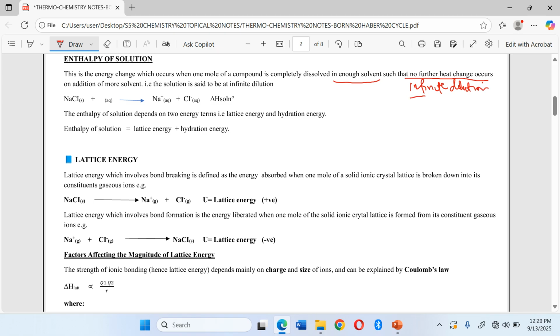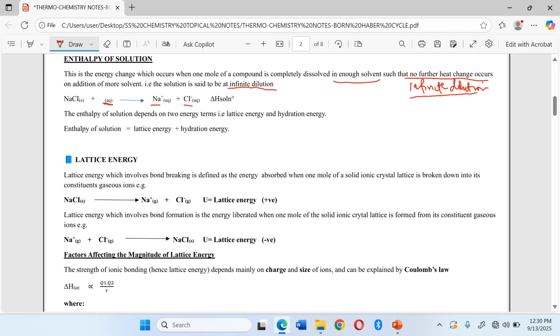Some books use infinite dilution, but for us we have defined it such that there is no further heat change on addition of more solvent. So the solution is said to be at infinite dilution. Very good. We have an example: sodium chloride solid dissolved in water forms aqueous sodium ions and chloride ions.